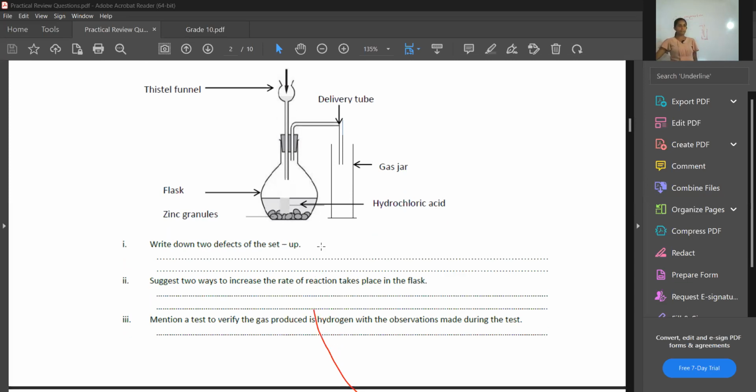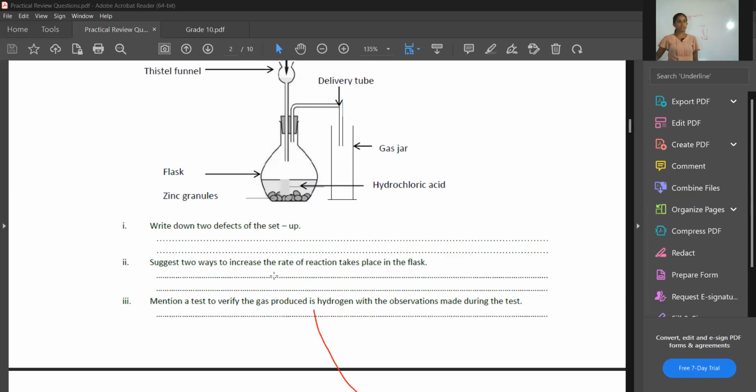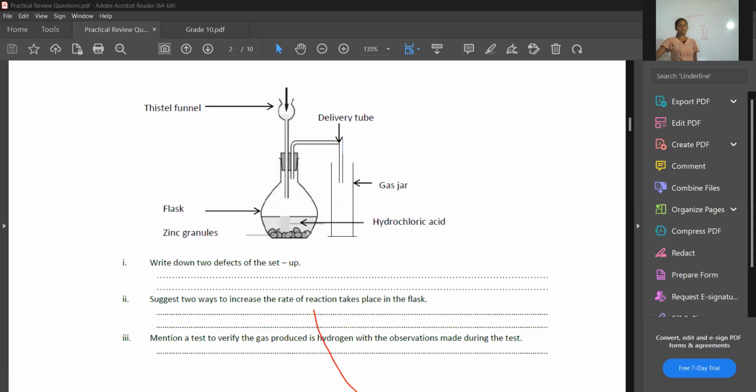Then suggest two ways to increase the rate of reaction taking place in the flask. Yes, here they use zinc granules. We can use zinc in powder form, or we can use small pieces of zinc granules. Then we can increase the reaction rate, right?